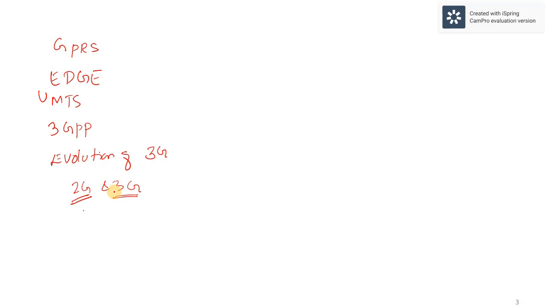Coming to the protocols used in the core network, the core network interfaces with the circuit switching domain and packet switching domain, and Release 99 uses the GSM GPRS network and adds a new radio access, which is most important. So that is more important in protocol.